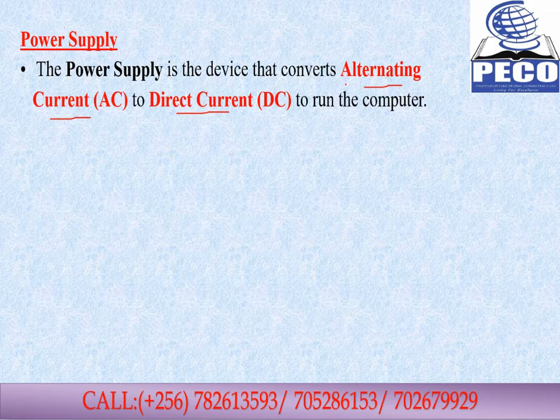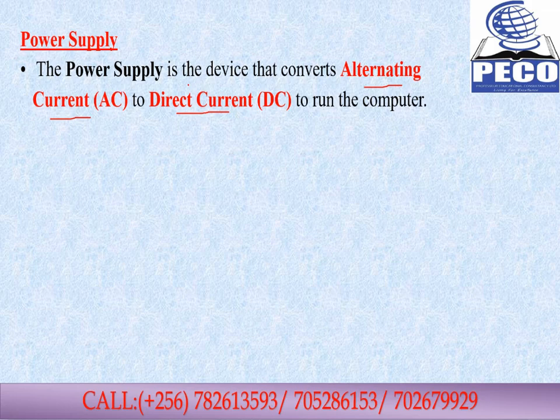Now that power can hardly run the computer, but when it is converted to direct current, it can easily run computer components. Otherwise, if it is allowed to go straight to internal computer components, they can be blown out because they can't sustain that power.